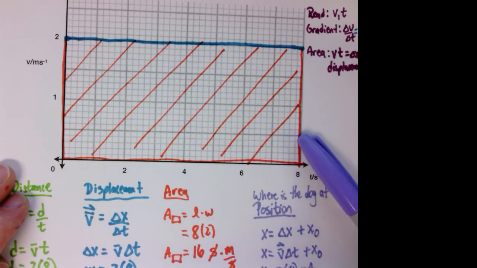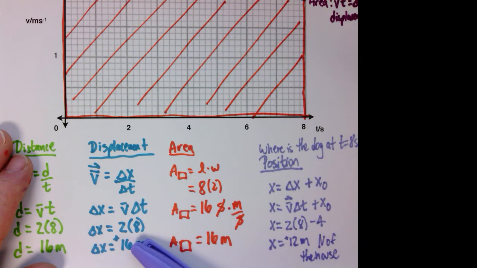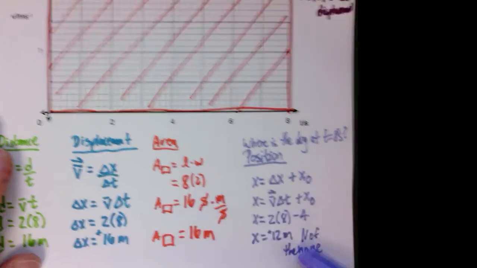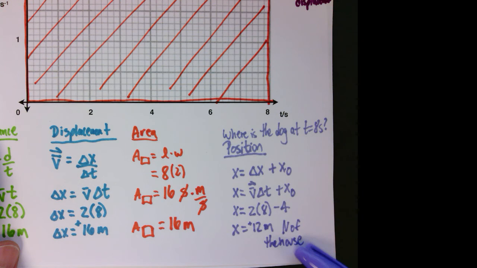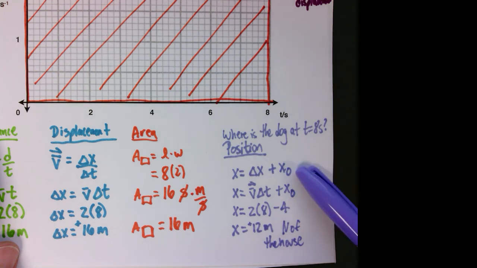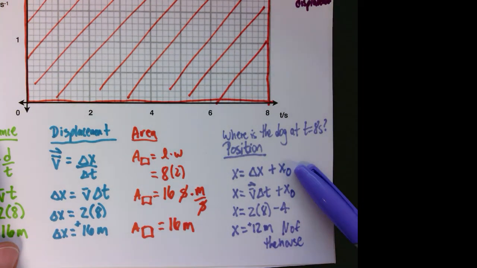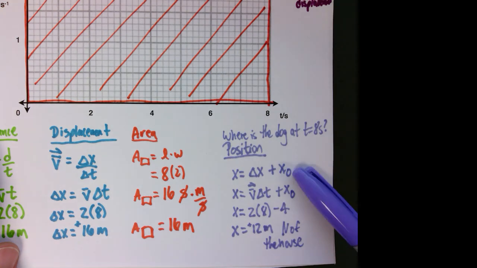The area gave us the displacement. So we can get the displacement, but to get the position, we need to factor in or add in the initial position. The initial position is a correction factor, which we have demonstrated in previous lessons on displacement graphing, displacement and position graphing.